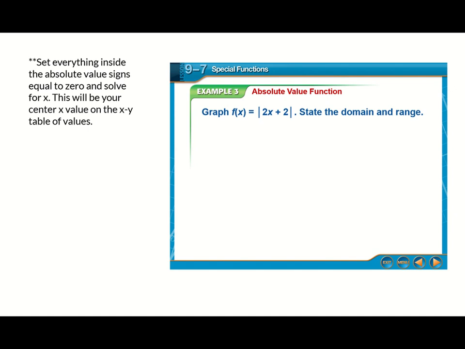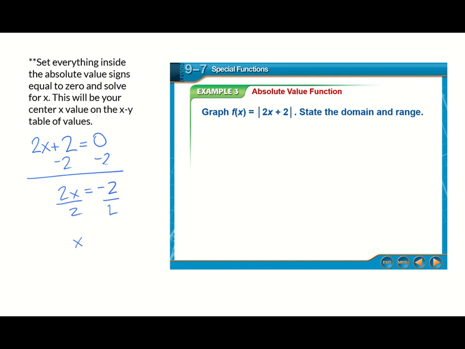That will be your center x value on the xy table of values. So everything inside the absolute value is the 2x plus 2. Set that equal to 0 and solve for x. So I'm going to subtract the 2 and then divide by 2.